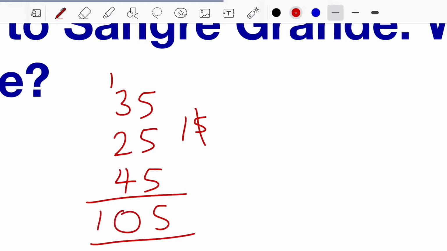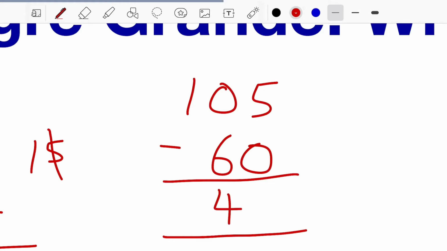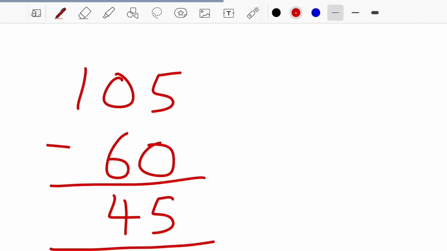So that's 105 minutes. So we need to convert that to hours and minutes. So we're going to subtract 60. 105 take away 60 will give us 45. So 105 minutes can be converted to 1 hour, because we subtracted 60 once, and 45 minutes.